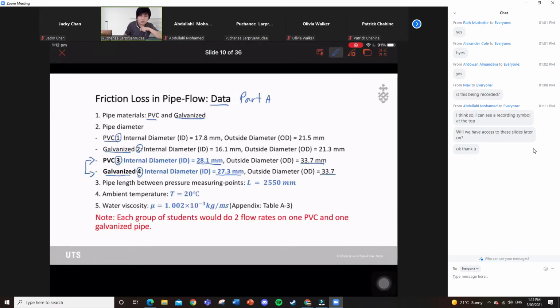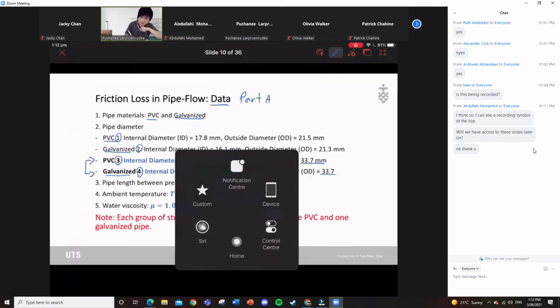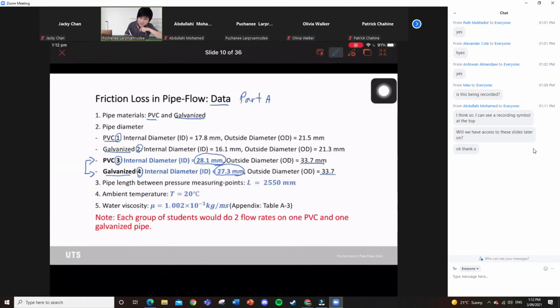So to do the calculation for part A, you need to use the internal diameter only, and the pipe length between pressure measuring points, L, will be equal to 2,550 millimeter. When you do the calculation, you need to convert it into SI unit, that is meter.